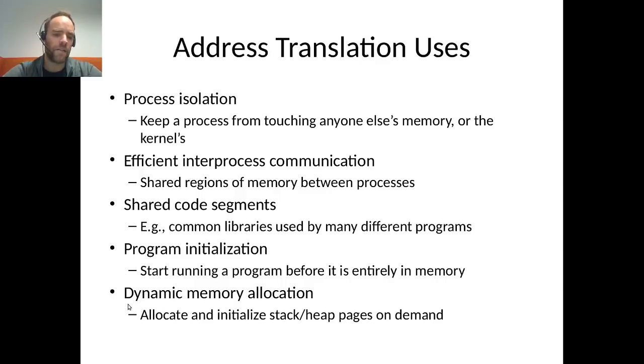Dynamic memory allocation: the combination of a segmented paged approach allowed us to have dynamically allocatable heaps and stacks. We may not allocate a process the entire stack memory at the beginning if it's not going to be used, but as that process uses stack space, we could dynamically allocate new pages to that stack.